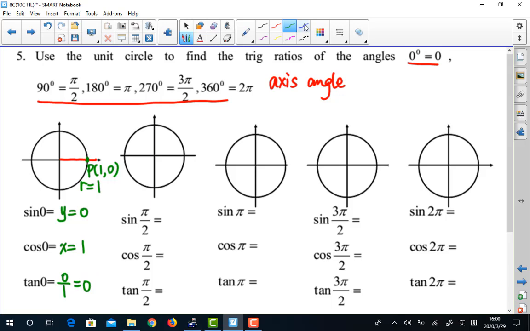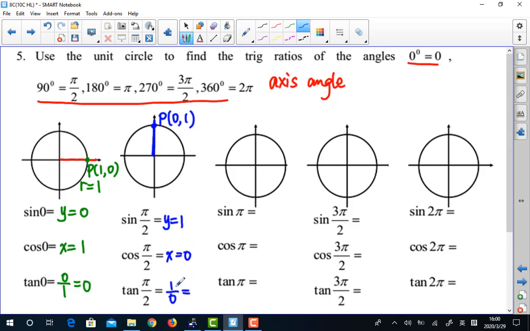Likewise, we also can find the three primary trig ratios for pi over 2. Where's pi over 2? Pi over 2 terminates on the positive y-axis. So right now, we write out the coordinates of the point of intersection between the unit circle and the terminal arm. The coordinates are 0 and 1. Sine pi over 2 is y, the y value is 1. Cosine pi over 2, x is 0. And y over x is 1 over 0.